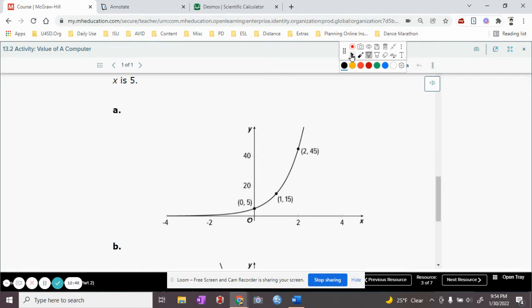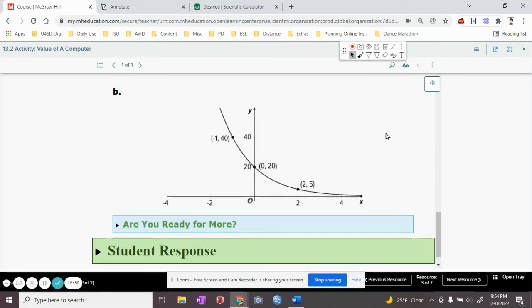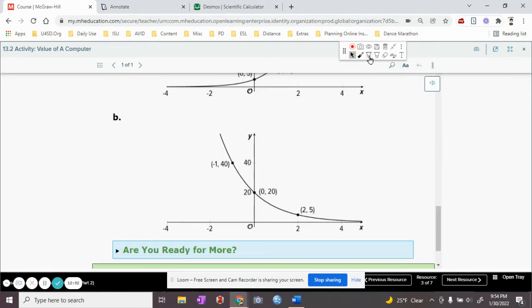So again, our function, our equation, is going to take that form, f of x equals our starting value times our multiplier to the power of x. Here we are decreasing, so we will have a decay factor. Our starting value is that 20. It's our y-intercept.